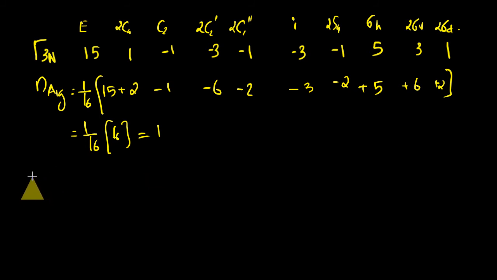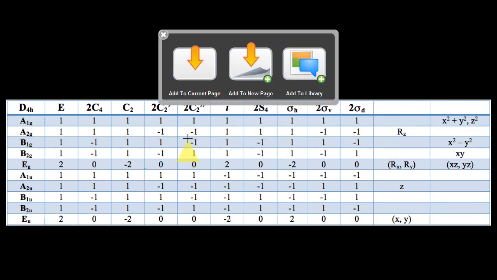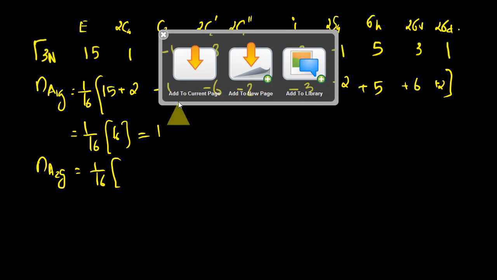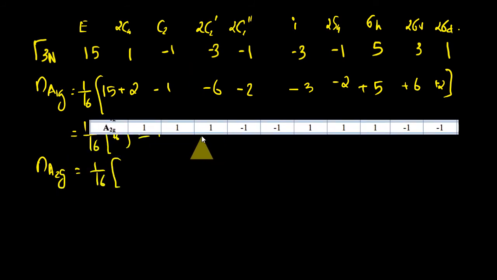Like that, you can now find out n A2g also. n A2g is equal to 1 divided by 16 into, so we have to see the characters corresponding to A2g. The characters corresponding to A2g are 1, 1, 1, minus 1, minus 1, 1, 1, 1, minus 1, minus 1. So let me put it there so that you can see better. This one corresponds to A2g.